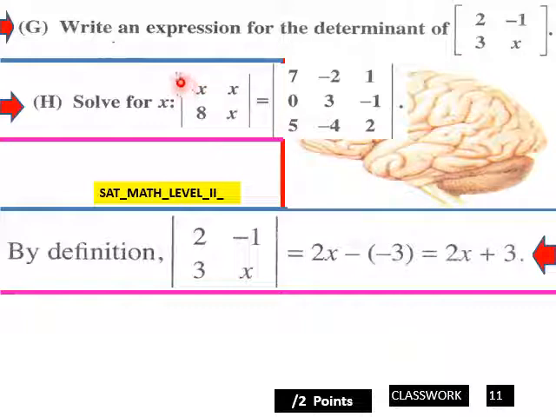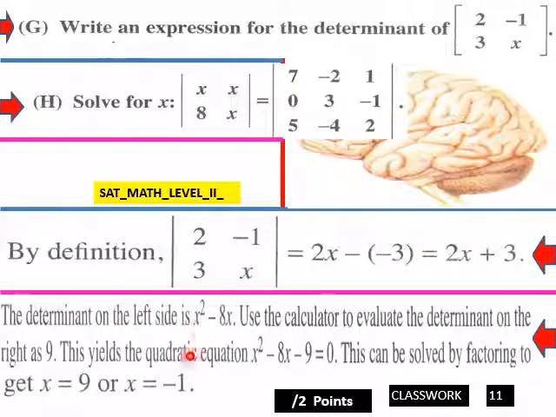So we have this matrix here equals this matrix here. So the determinant on the left side is x squared minus 8x. Use the calculator to evaluate the determinant on the right as 9. If you knew how to do this by hand, then you could do it by hand, but they recommend using a calculator, which is great, but you can also do it by hand.